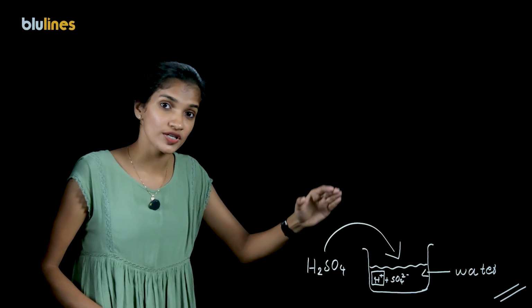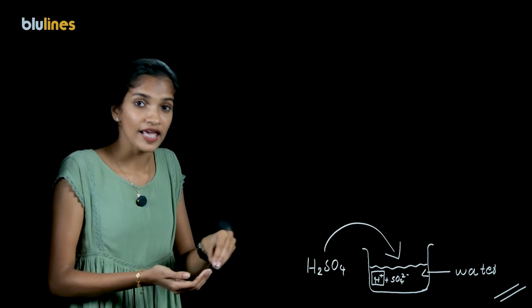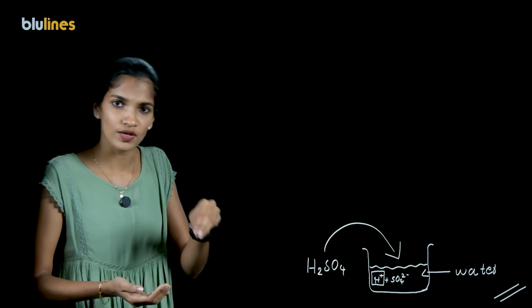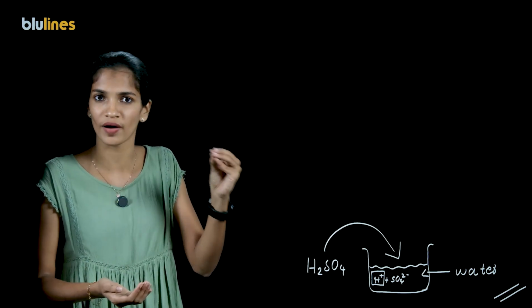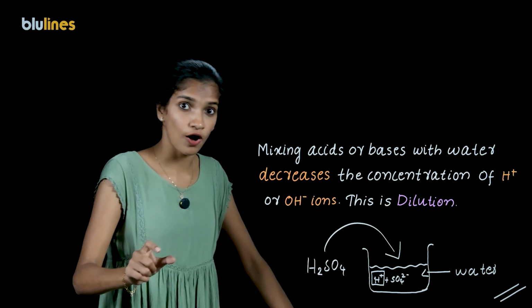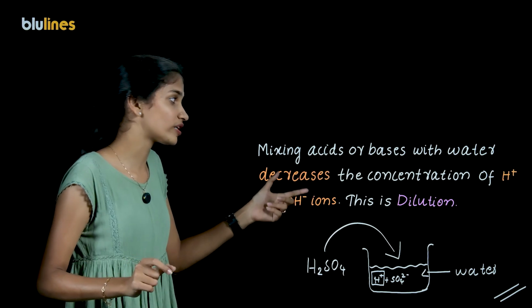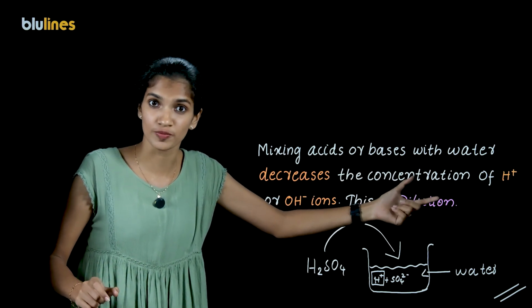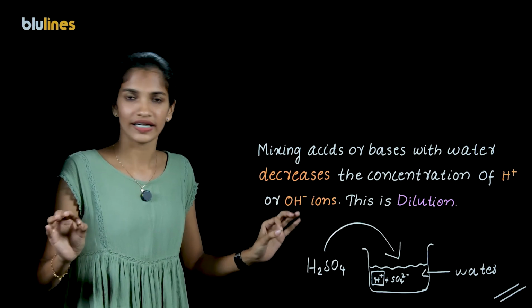That means the concentration of H+ is decreasing when an acid is introduced into water. Similarly, when a base is introduced into water, the concentration of OH- is decreasing considerably. And this process is known as dilution. Mixing acids or bases with water decreases the concentration of H+ or OH- ions. This is the process known as dilution.